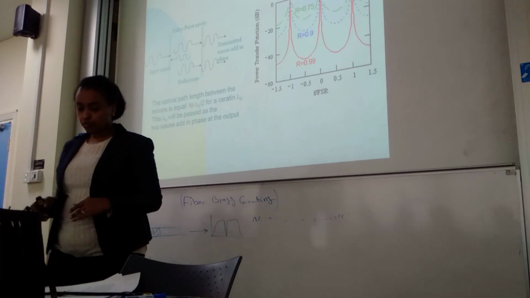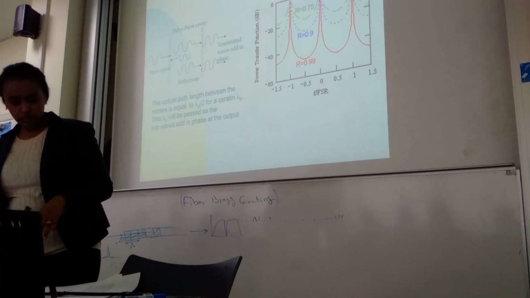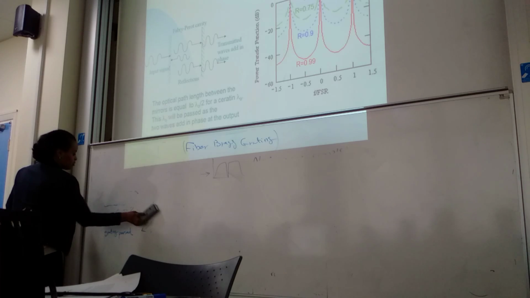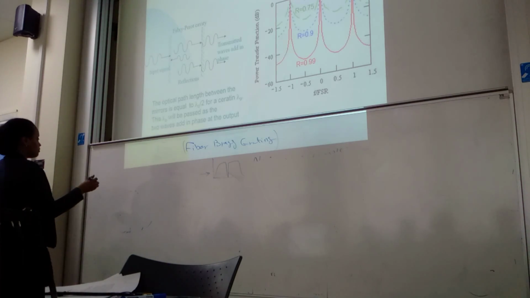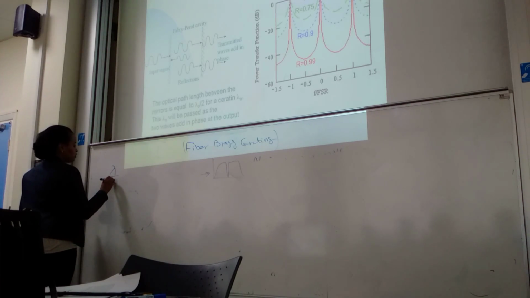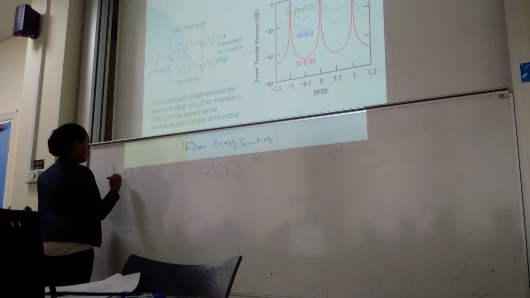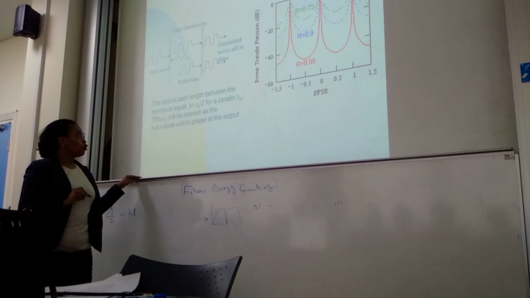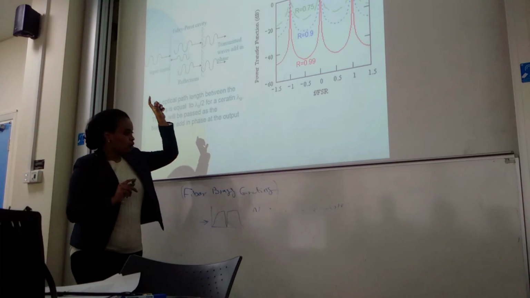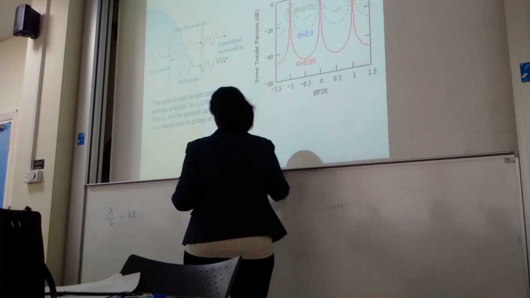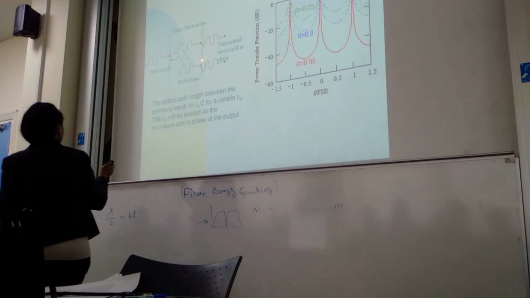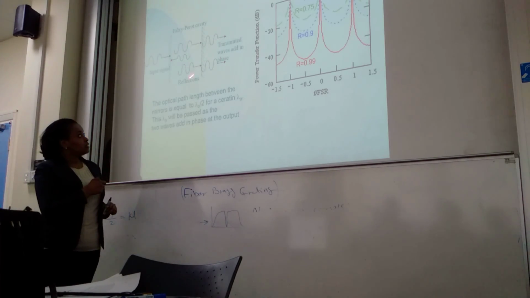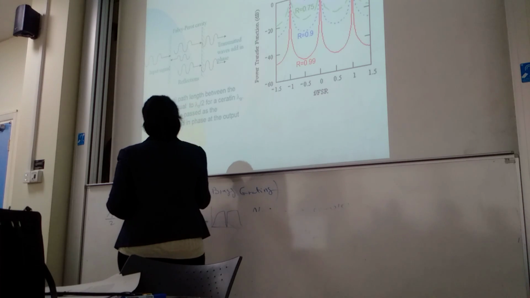For those signals of a wavelength that is a multiple of the length of the cavity, the distance here between the two mirrors, when they pass through the other mirror here, after multiple journeys, all the signals will be in phase.